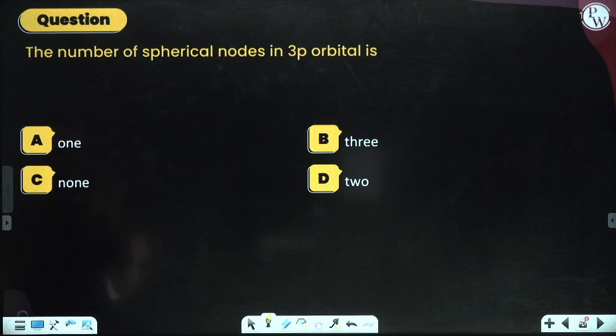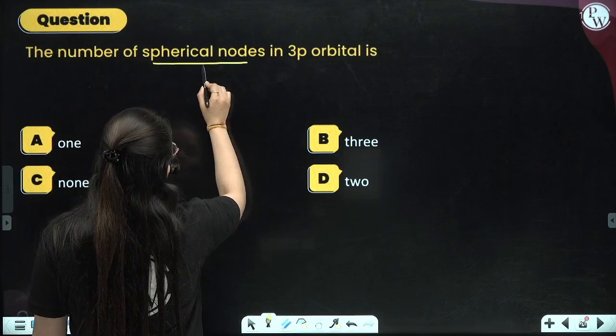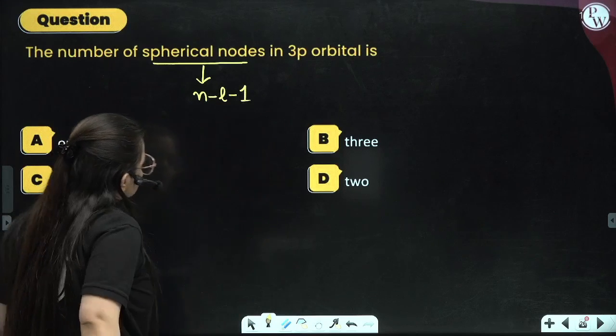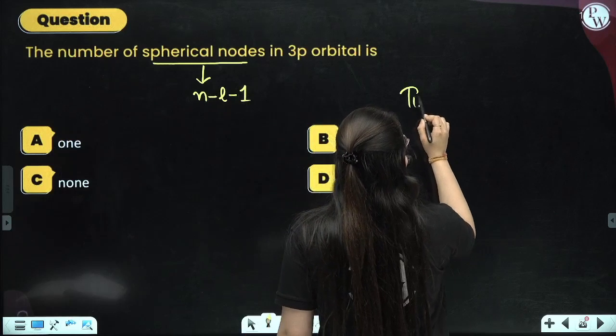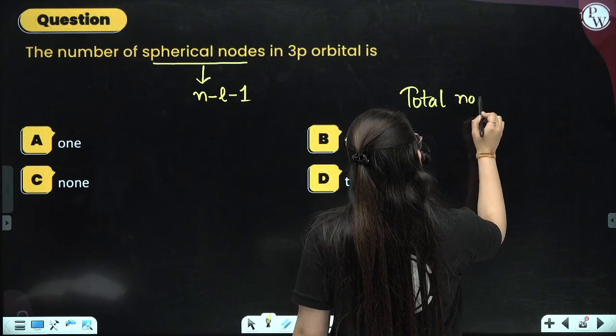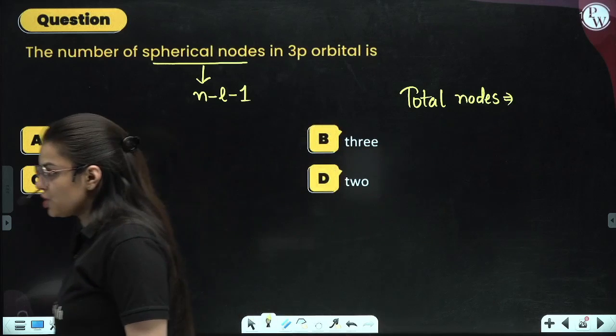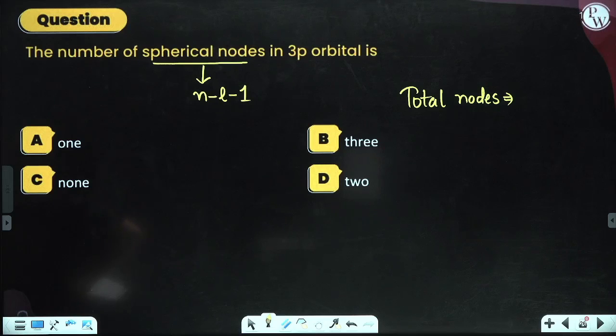Kindly do this question very fast because the next two questions are done on the nodes itself. Yes, students, have you done this question?